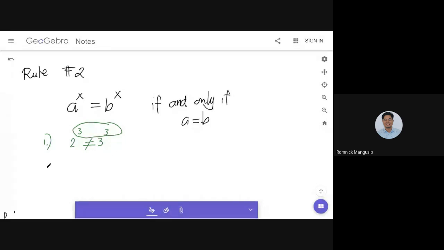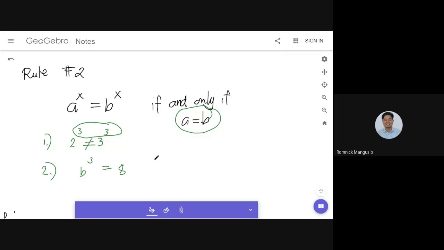So, for example, no? That's just to show you na pag hindi mo satisfy yung condition that the base must be equal, then it's not true. So, let's have an example. B raised to 3 is equal to 8. So, what is B?